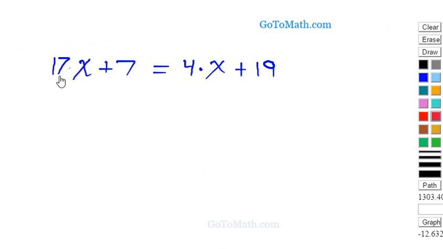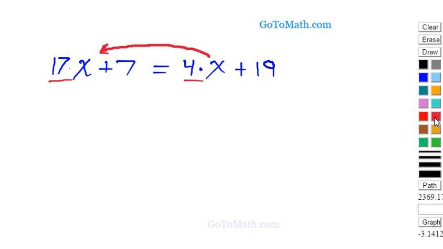We want to consolidate our x's, get them all to one side of the equal sign, and then get all our constants over to the other side. Now, since 17, this coefficient, is greater than this coefficient, we're going to take this guy over to this side over here. All right, take it over to that side. And when we do take it over to that side, it's whatever the sign is out here, which happens to be positive. When we take it over, it becomes negative.